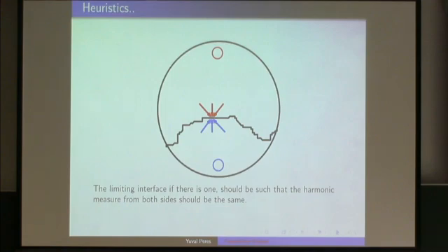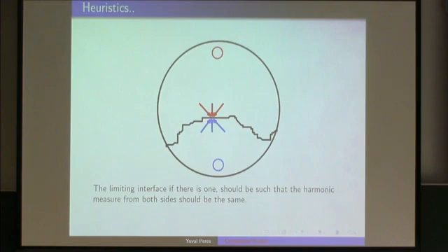And so suppose there indeed is an interface between the red and the blue. What should this interface look like? So it's easy to realize that the interface should have the property that harmonic measure from both sides should be the same, except for having, if you think of it as having a direction, it should have opposite direction, but as a measure on the boundary it should be the same.